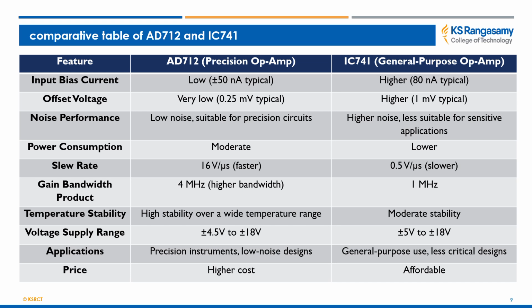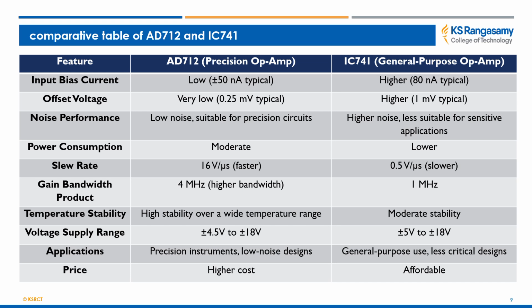Okay. Next, comparative table of AD712 and IC741. Input bias current is very low in AD712 compared with IC741, which has a higher input bias current. Offset voltage: AD712 has a very low offset voltage, but IC741 is much higher.